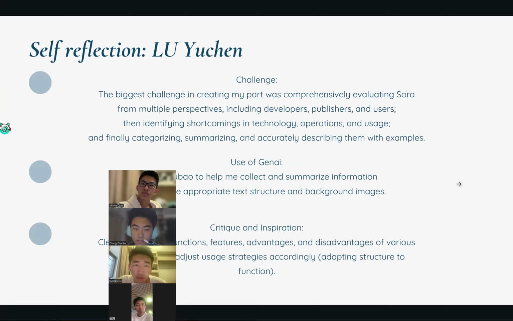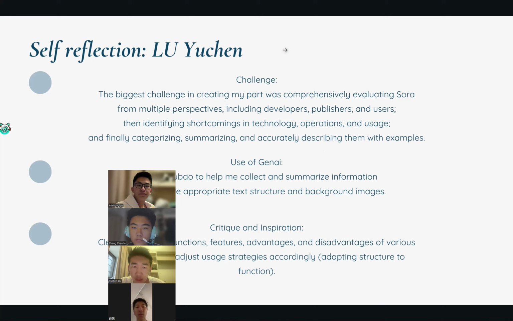Following are my self-reflections. The biggest challenge in creating my part was comprehensively evaluating Sora from multiple perspectives, including developers, publishers, and users, then identifying shortcomings in technology, operations, and usage, and finally categorizing, summarizing, and accurately describing them with examples.